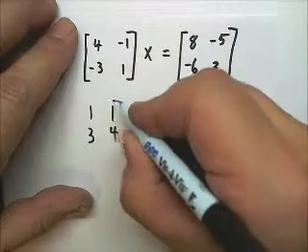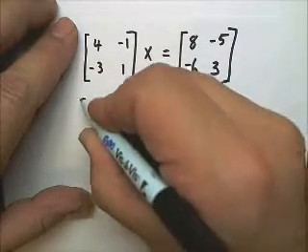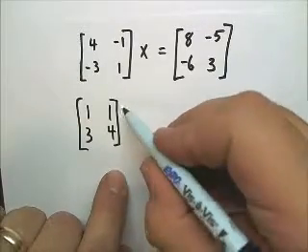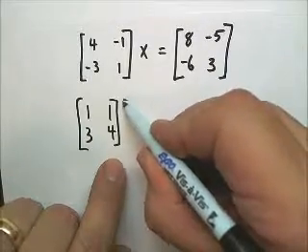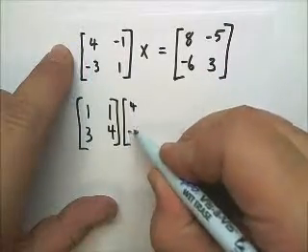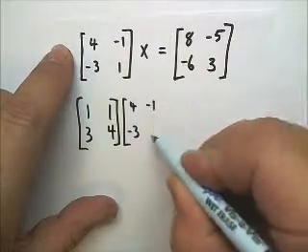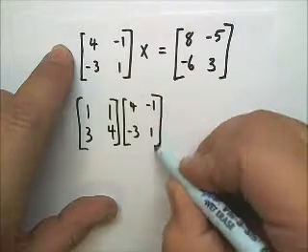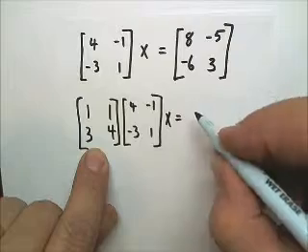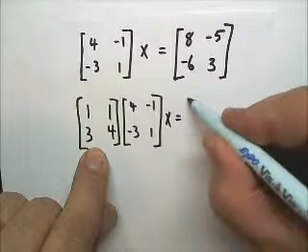So I'm going to multiply both sides of the equation times this. So this is going to be multiplied times 4, -3, -1, and 1, X equals, now you have to multiply from the left.